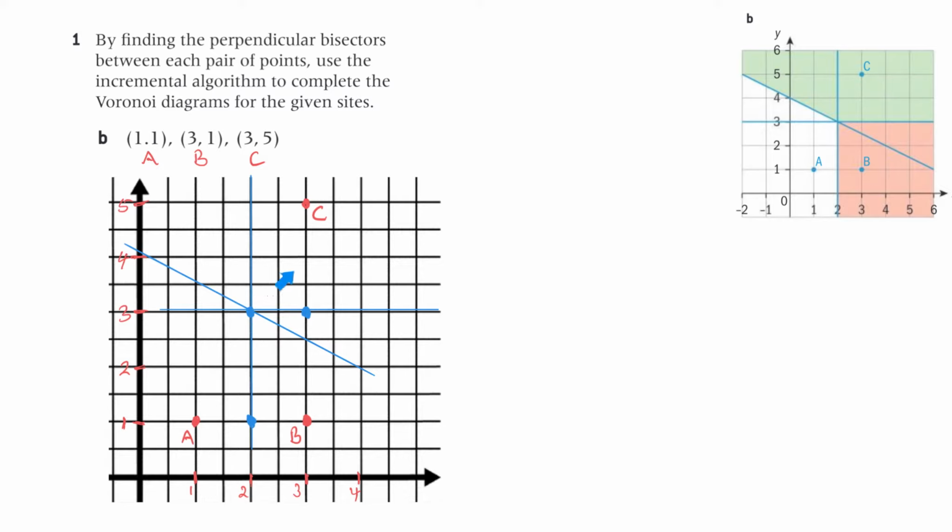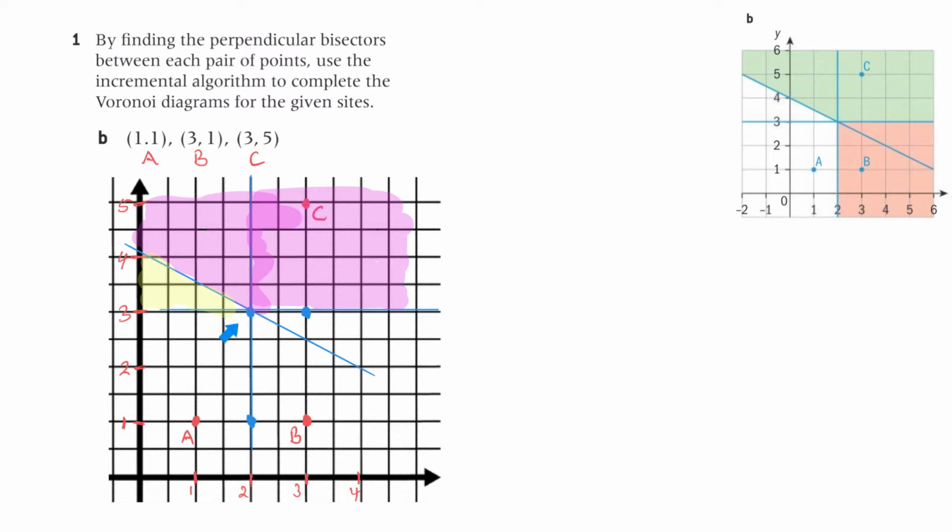We're going to look at the regions now around the sites, and we can see that this area here is closer to C than it is to B, so we're going to colour that. And this area here is closer to C than it is to A, so that's going to be a C. And then we're going to look at this area here, okay, that area is closer to A than it is to C, so I'm going to fill that in.